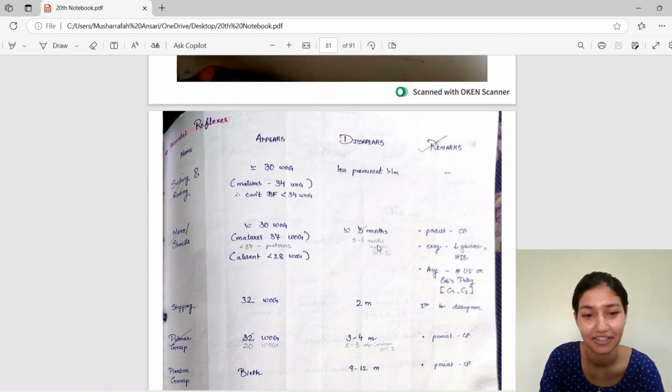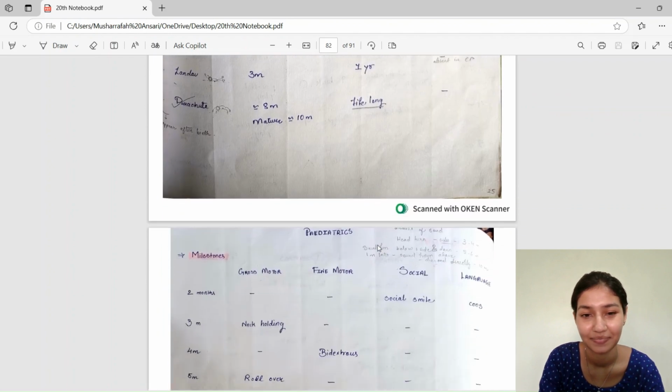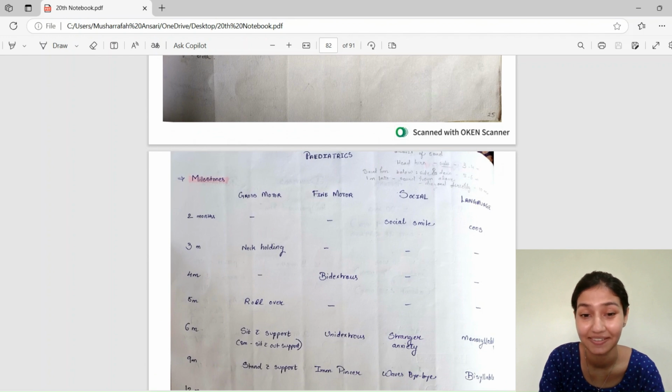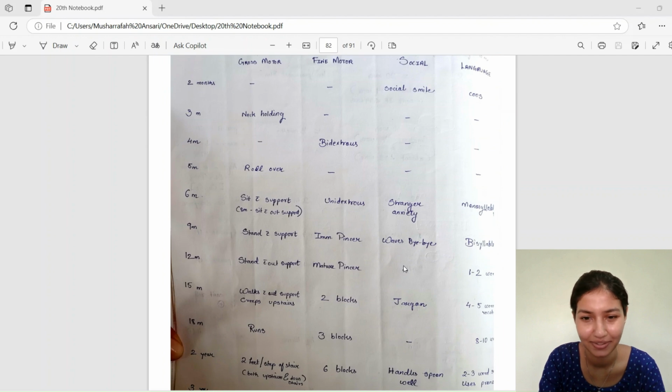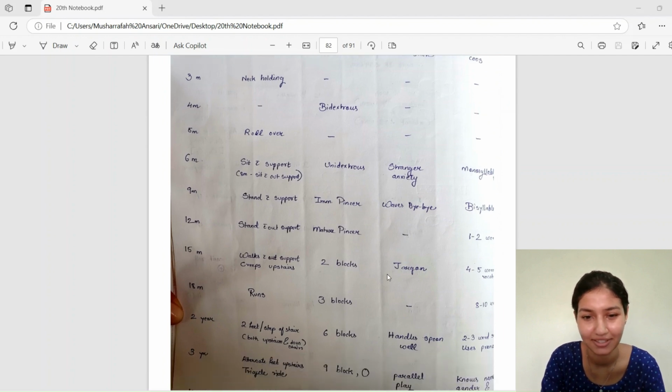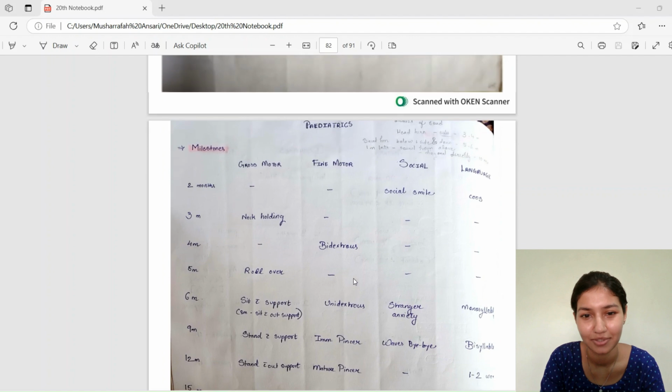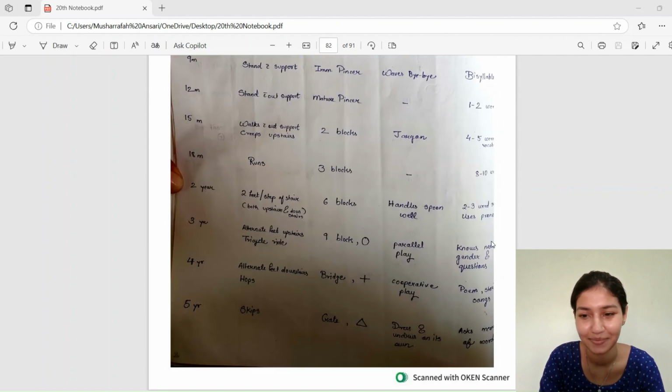The reflexes, then pediatric milestones. You don't have to remember paragraphs of milestones at every age, but you can definitely just remember the keywords or the key thing which is mentioned. Often it is the blocks when it comes to fine motor milestones.